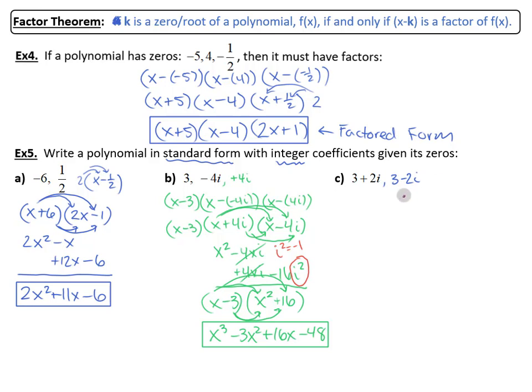A complex number has to have a conjugate, according to our complex root theorem. So, if this is a 0, x minus that quantity, 3 plus 2i, has to be a factor. And likewise over here, x minus 3 minus 2i has to also be a factor.